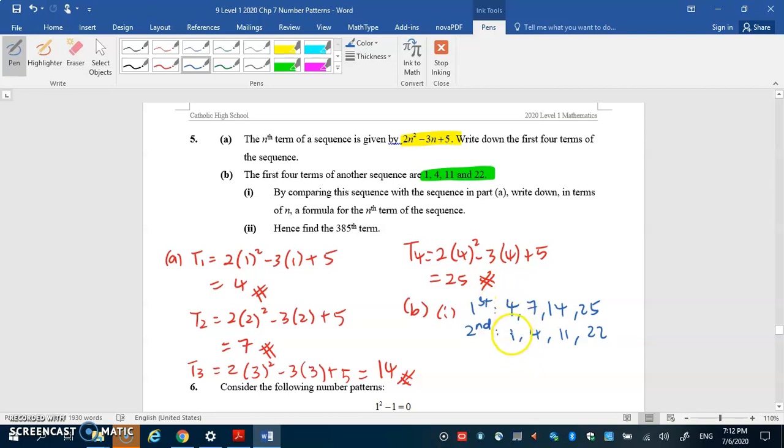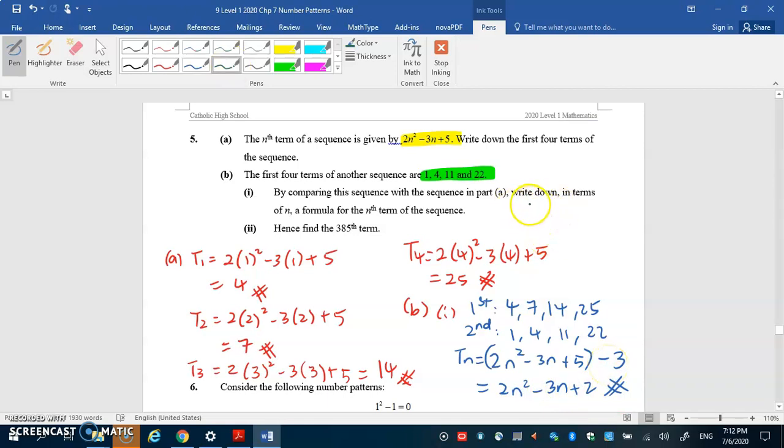So 4 minus 3 is 1, 7 minus 3 is 4, 14 minus 3 is 11, 25 minus 3 is 22. So you just take the formula given in the question, which is 2n squared minus 3n plus 5 for the first sequence, and you minus away 3 to get the nth term of the second sequence. The answer is 2n squared minus 3n plus 2. That's it.